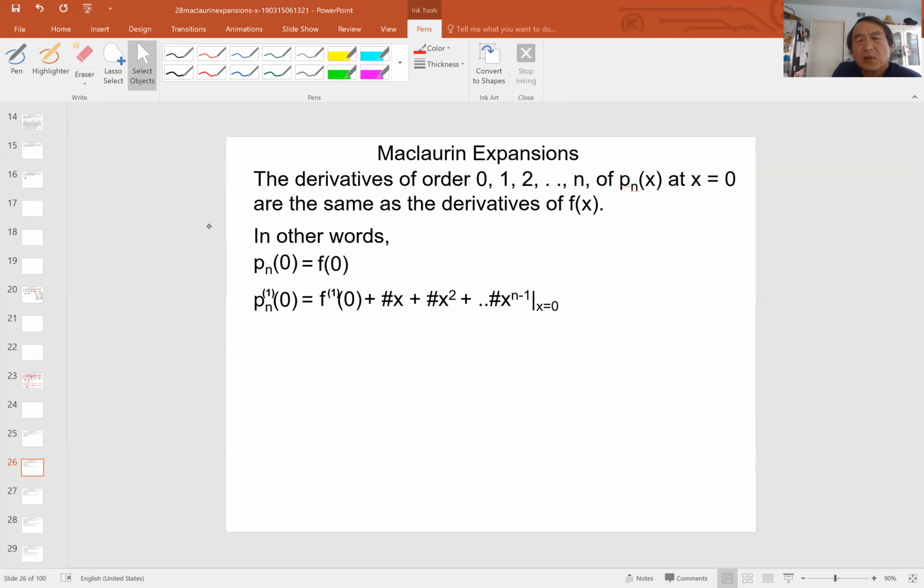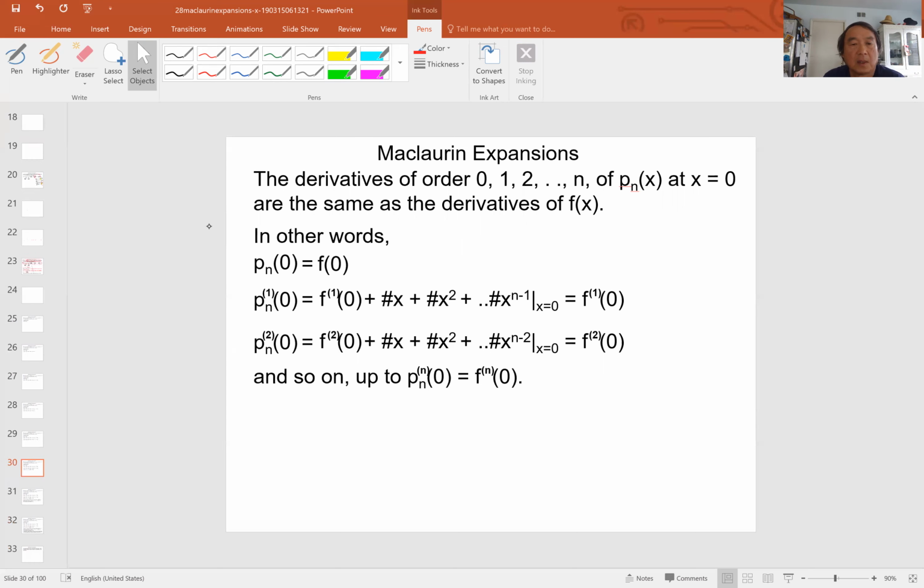Why? Because the first derivative has a bunch of x's behind it. I plug in 0, then I'm just going to get the number out. It's just a particular computation that will pick out the particular terms, and all the other terms become zero. So all the derivatives are the same. Since it's an nth degree polynomial, it stops here. It agrees up to the nth derivative of the function.